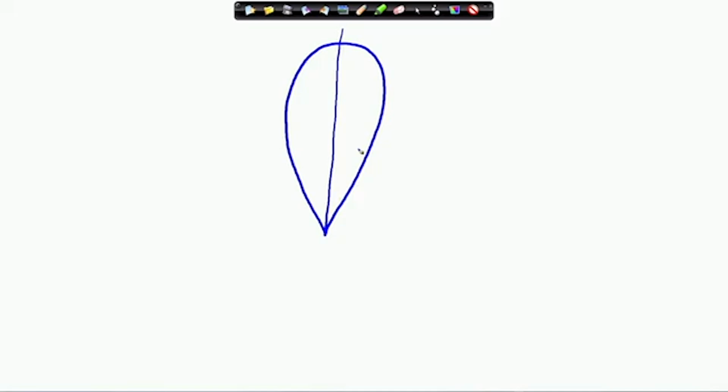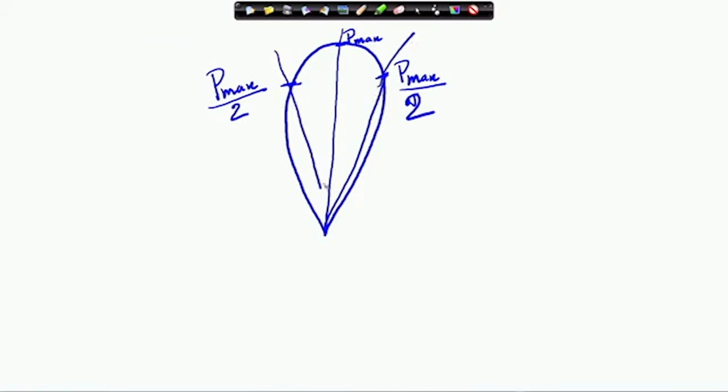Because that is a quantification. So, what do we do? We find out the maximum power here, let us say P max, and if this is a symmetric one like this, then find the points where the power is P max by 2, that is half, and find the angular distance between these two directions.